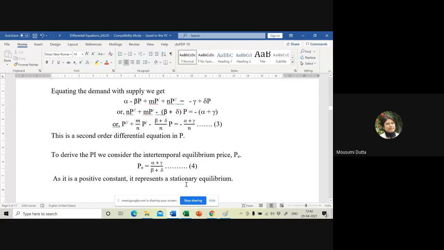Please don't write this term, because there may be some problem. You may think I am talking about convergence. So simply write this is the intertemporal equilibrium price.